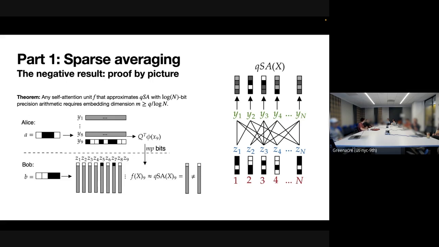We're not using any particularly insane communication complexity tools. It's just that if both actors know what the architecture is, they can compute an output that solves this disjointness problem, and therefore derives a contradiction. So thus we now have these two results that show this two-sided dependence on this quantity Q.